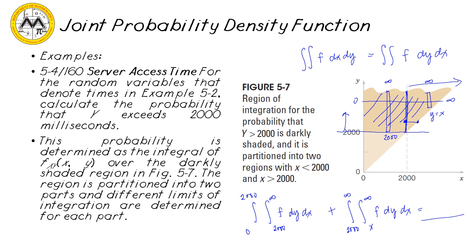However, if we have dx dy, with a horizontal strip, this would also be the same as the integral of f dx dy. So your x is from 0 to infinity, but your y ranges from 2000 to infinity.